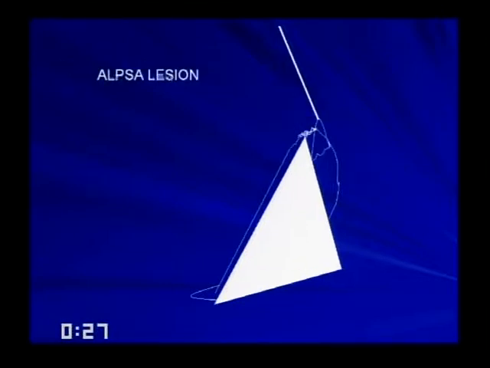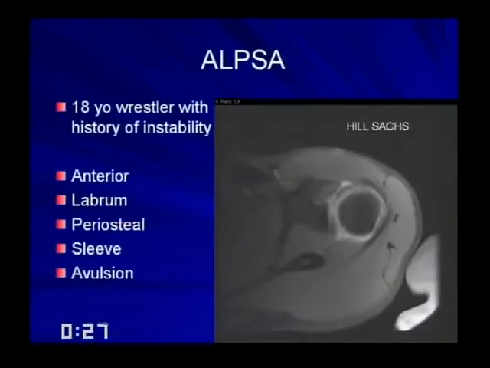ALPSA lesions are sort of a medialized Bankart. Think of them just as a medial fragment that's been displaced. Anterior labral periosteal sleeve avulsion. And here's a young patient, 18 years old. The humeral head is abnormal. You can see there's a Hill-Sachs deformity from a previous anterior dislocation. And if you look at his anterior labrum, all of a sudden you don't see a cartilaginous labrum.